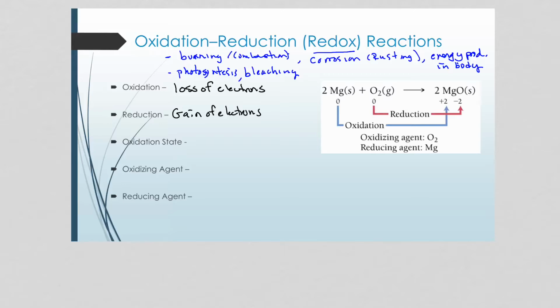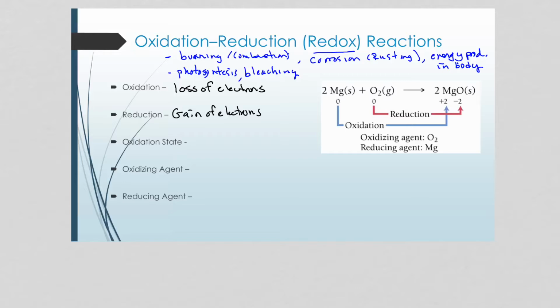We do not have to have the complete transfer of electrons in the sense of forming an ion for this to occur. Sometimes this involves the movement of electrons involved in covalent bonding that we discussed, the sharing of electrons. So we won't always think about redox in the sense of formation of actual ions. It can occur in covalent compounds as well, or with compounds with covalent bonds as well.